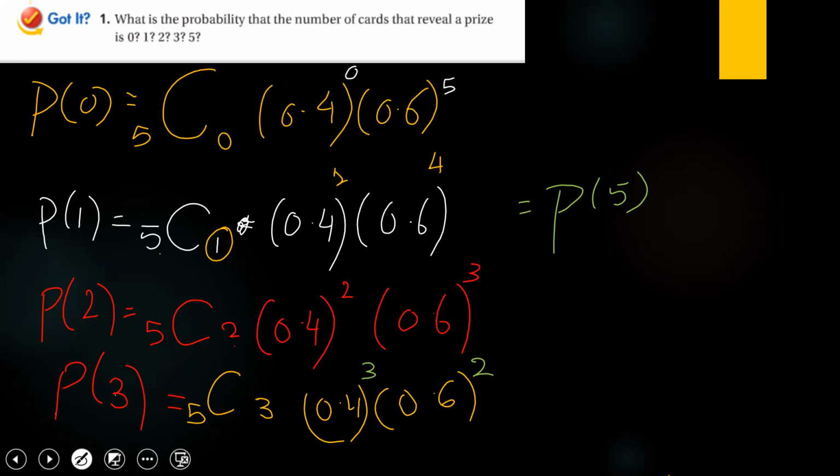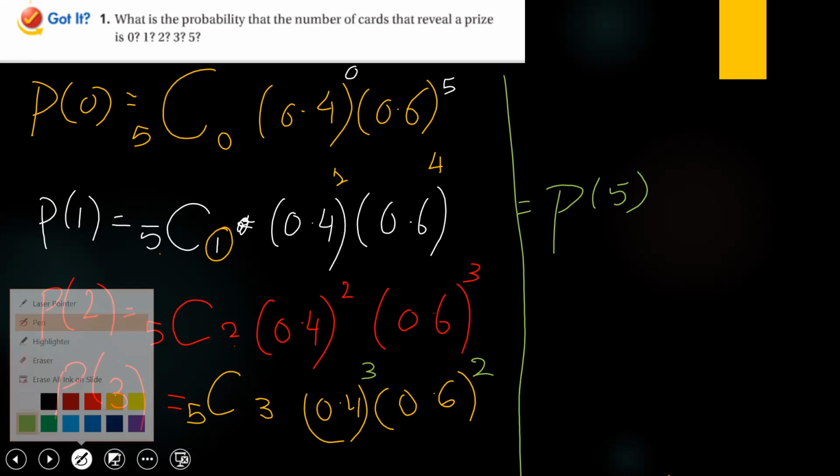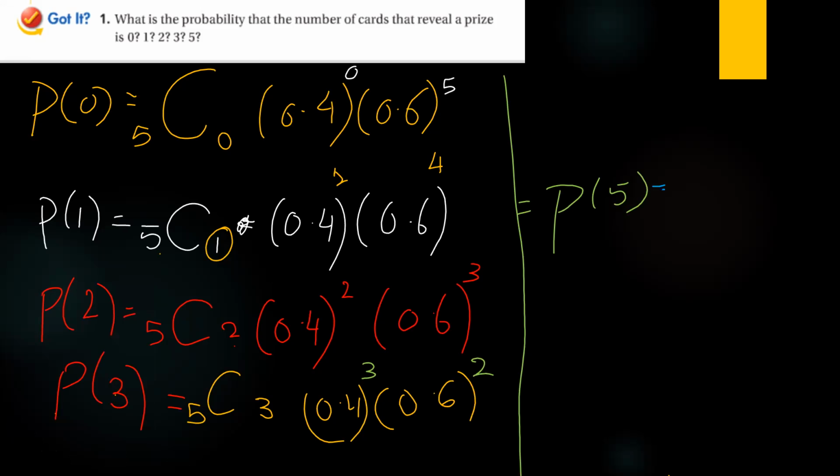Now let's find probability of 5. What do we have to do here now? It is C of 5 trials from 5 trials. Then 0.4 times 0.6.